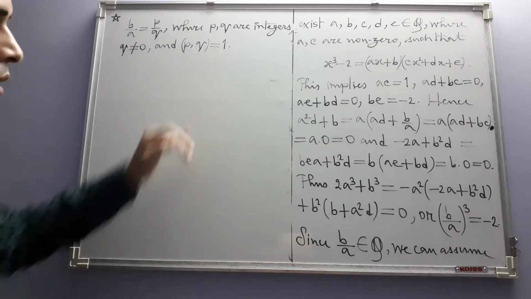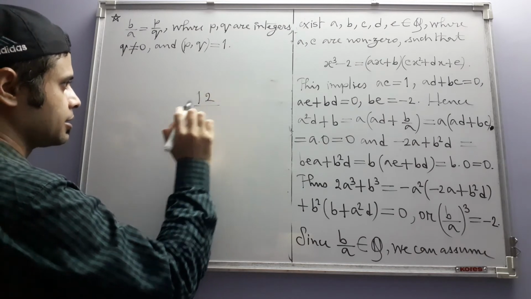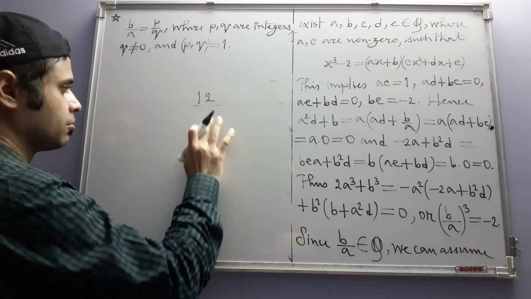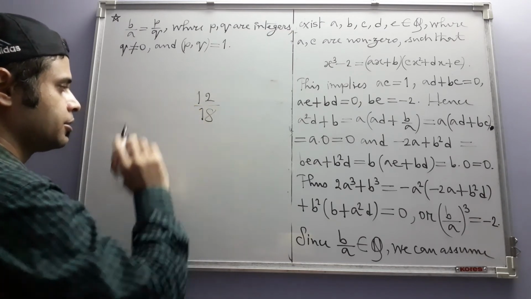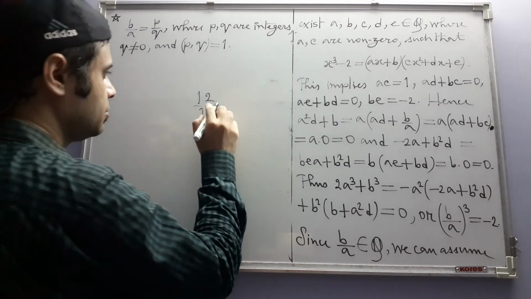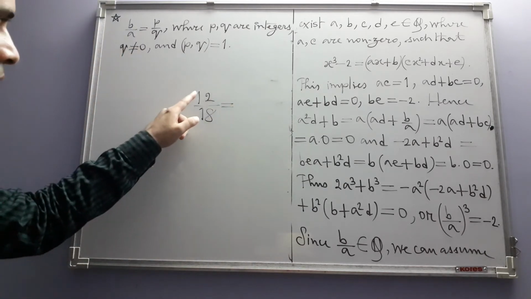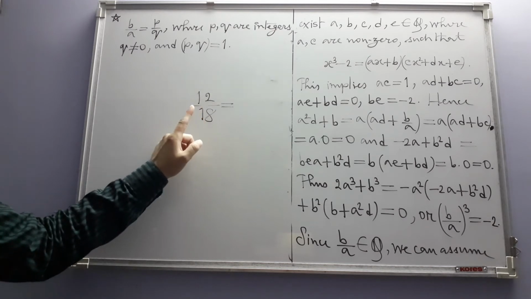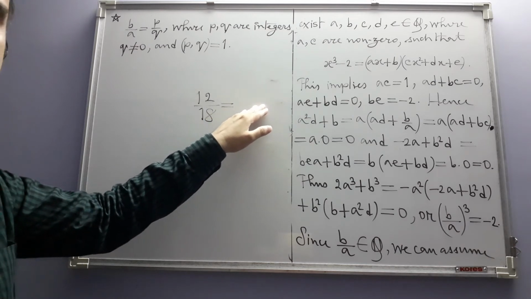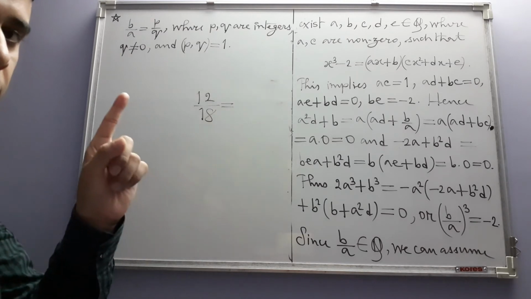where you know from our notation that this is the greatest common divisor of p and q. The thing here is that if you are writing a rational number as a ratio of two integers, then you can always cancel the greatest common divisor of these two integers, the numerator and the denominator, to ultimately end up with an expression where the numerator and denominator have the greatest common divisor 1.